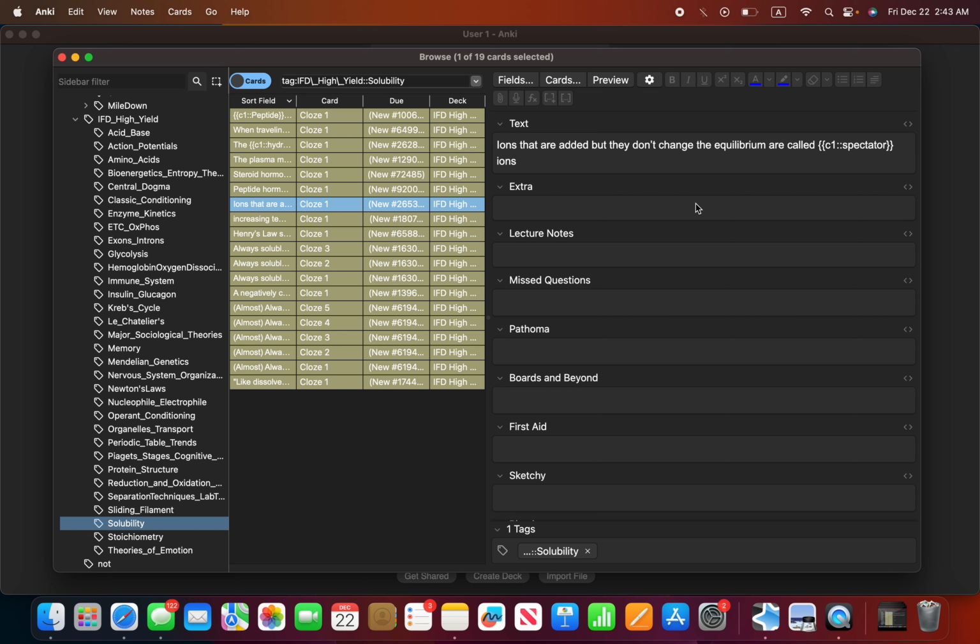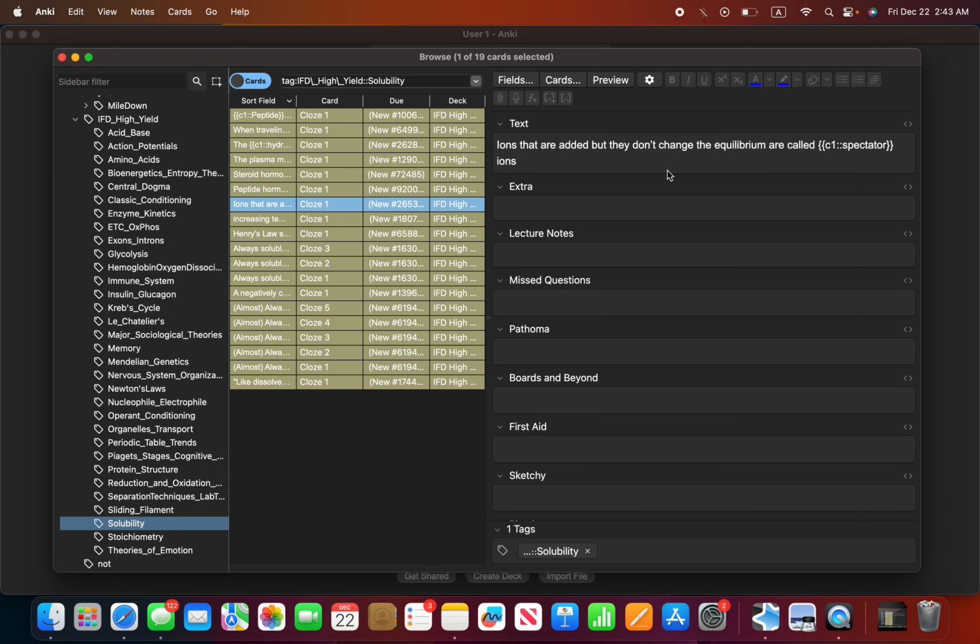Ions that are added but don't change the equilibrium are called spectator ions. Oh, I have never heard that before. So by equilibrium here, are we talking about the concentration or the charge equilibrium?